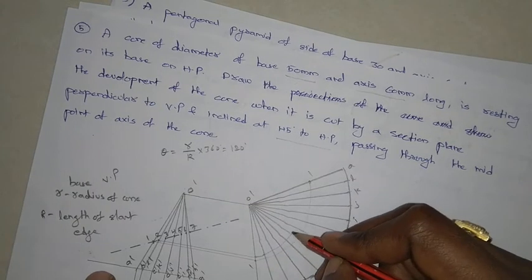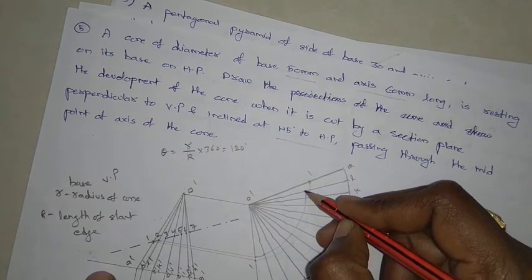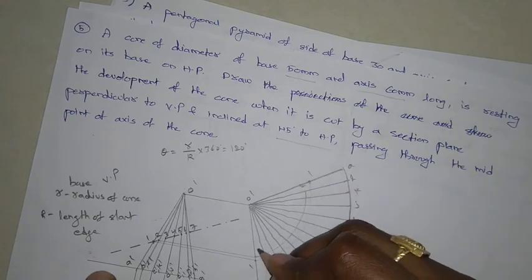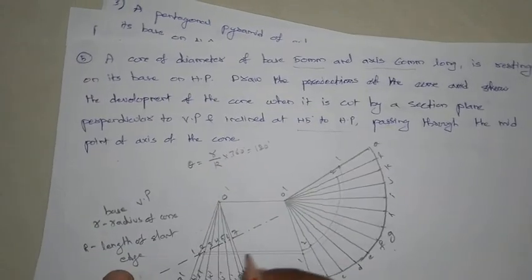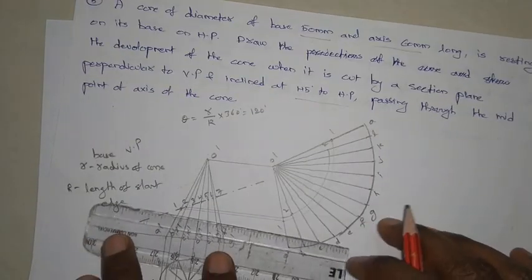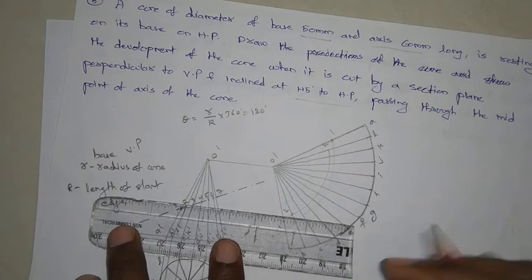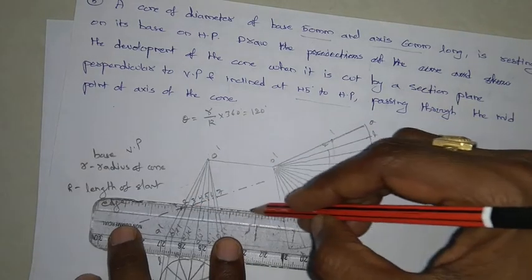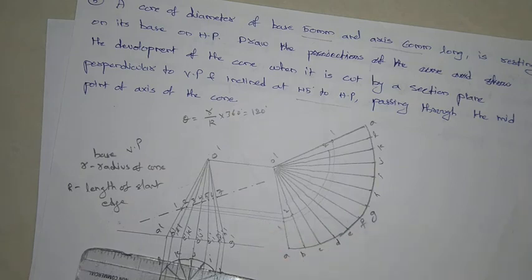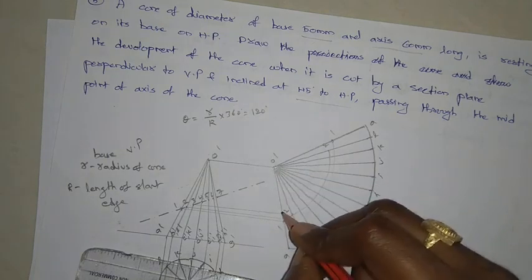and you have to do all with the help of compass. This is 2, this is 2. Similarly project 3, project point 3. Remember all these positions should be parallel to xy line, and from here to here as radius.